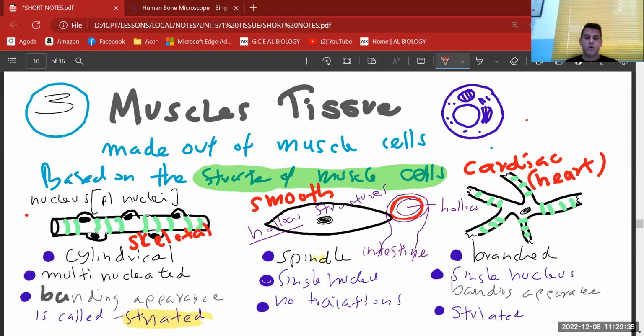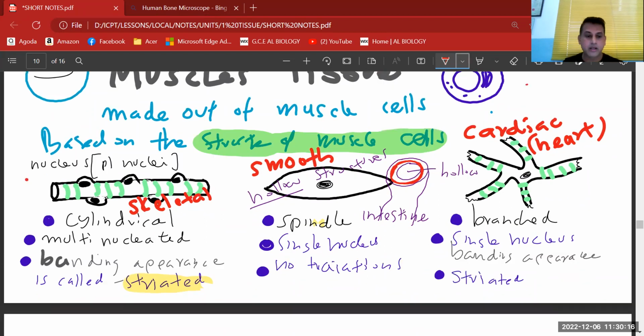Since we're going to learn bones and muscles, we can learn detailed structures. But this is just basic understanding. The basic structure of tissues and basic terminology is important to learn different systems in the human body. For example, when you learn the digestive system in the next lesson, I'm going to say the intestine has a smooth muscle layer. When I say that, you have an idea that they are something like this.